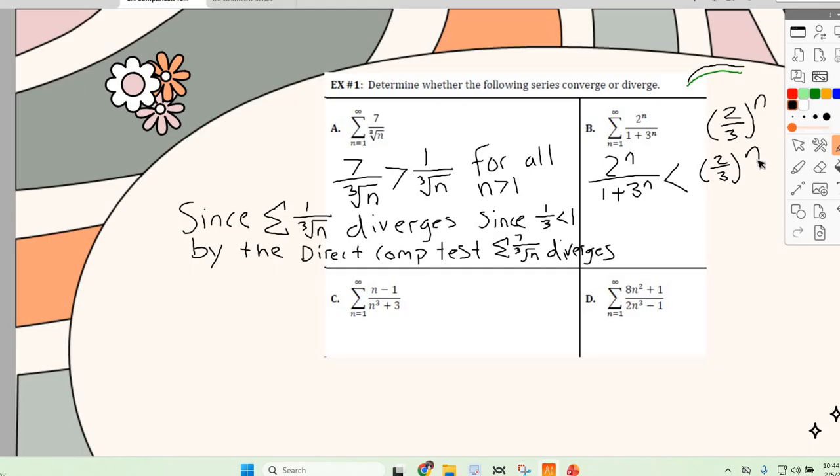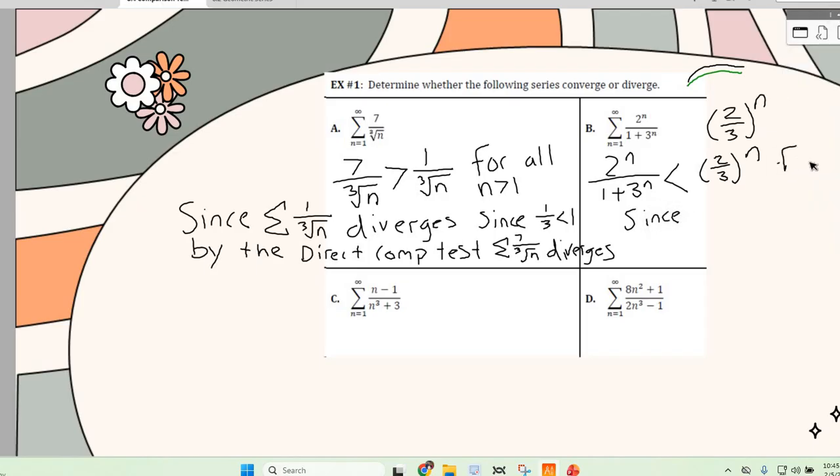But then our conclusion statement is just, since, for all n greater than 1, since we know that our sum of 2/3 to the n converges because our 2/3 is less than 1, and it's a geometric series, then what can we say?